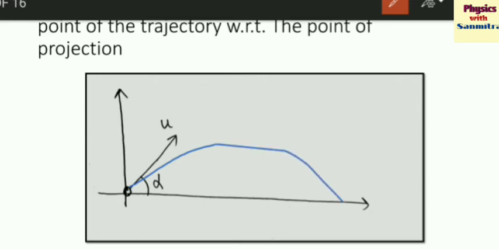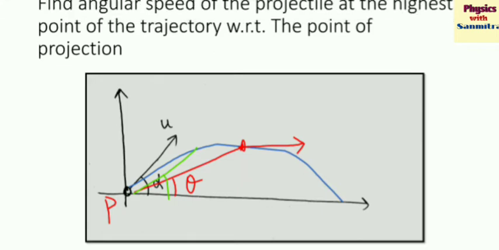At the highest point of projection, it will have some velocity. And what is the angular velocity with respect to the point of projection? This is the point of projection, so this is the angle it is subtending. See, the angle is changing definitely. Initially the angle was like this, then it is changing. So what is the angular speed asked of the projectile at the highest point of the trajectory with respect to the point of projection?